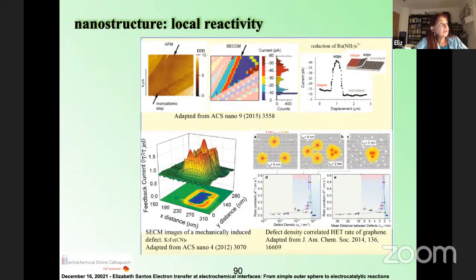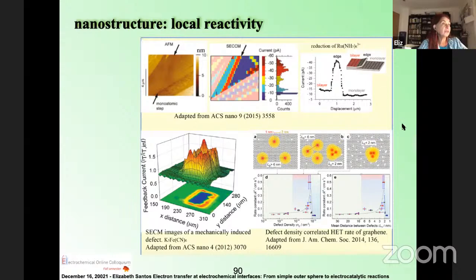But what is interesting today is nanostructures. The improvement in experimental methodology now allows us to know the local reactivity at different nanostructures.